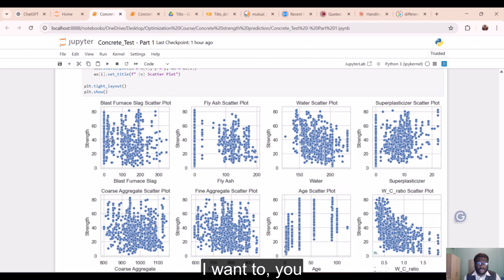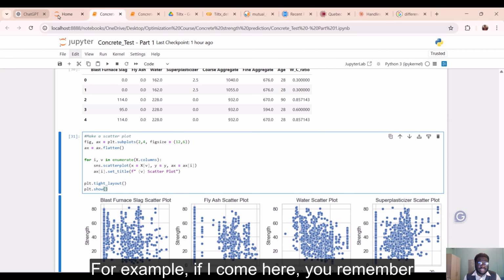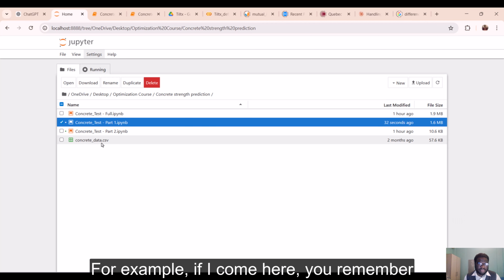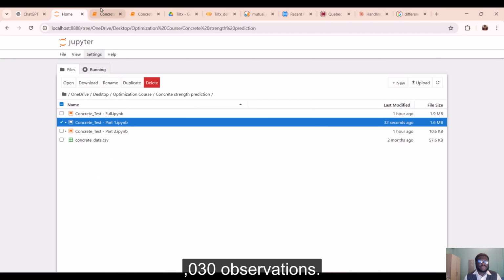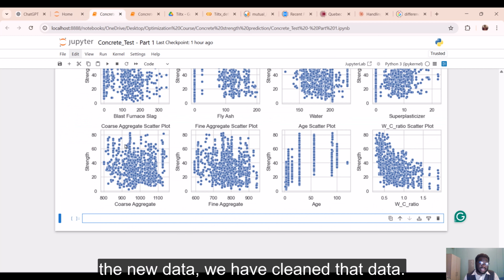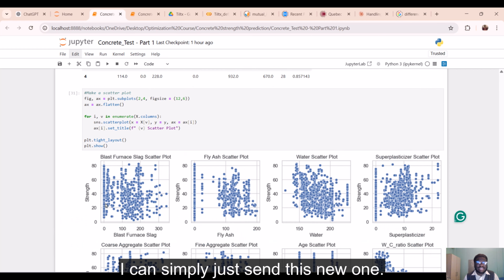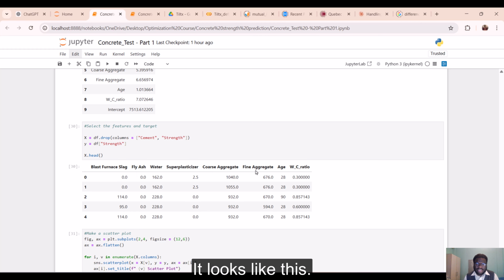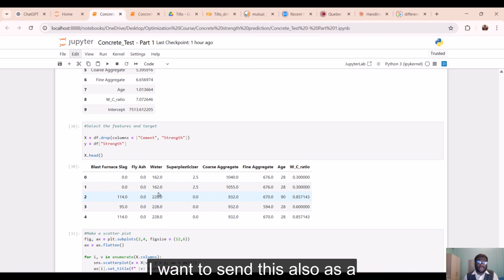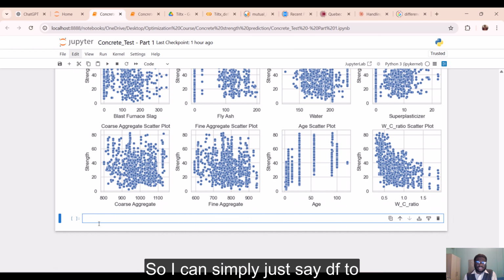We have the clean data already. If I come here, you remember we had this data. This was the original data that had 1,030 observations. Now that we have cleaned the data, I can simply send this new one out. This is how our new data looks. I want to save this also as a CSV, so I can simply say df.to_csv, and give it a name.